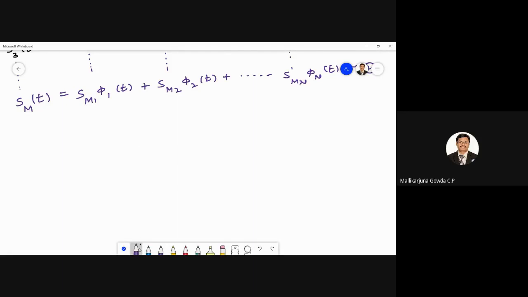One more equation I wanted to recall here is the integral from 0 to T of the product of those orthonormal functions, phi i of t into phi j of t, dt.